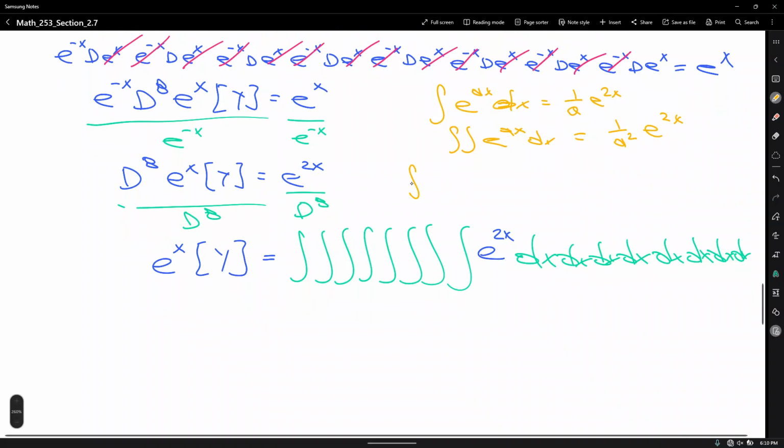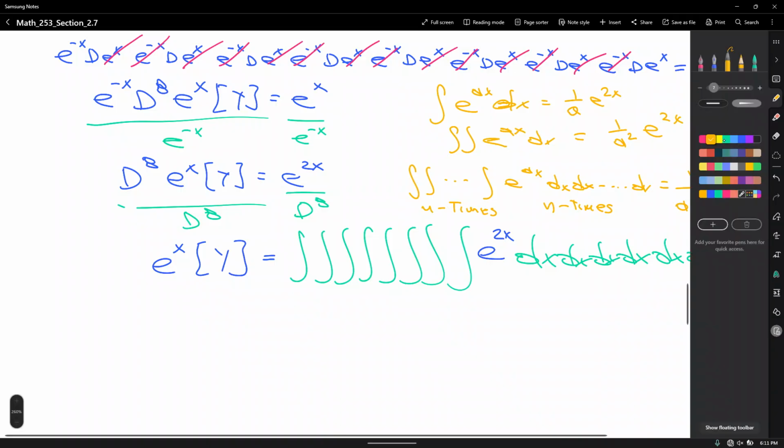Now, in general, integrate n times e to the ax dx, dx, dx, n times. This is equal to 1 over a to the n, e to the ax.